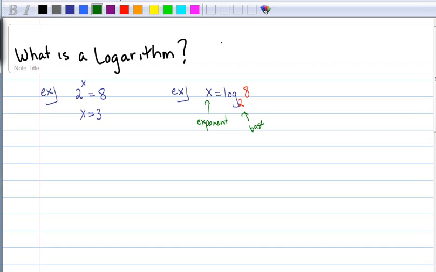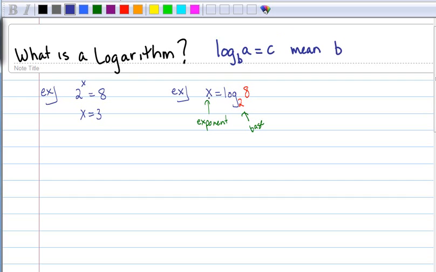So if I had something like log base B of A equals C, just using any letters, this is the formula: B is the base. If you remember, that was the base, so I'll write the base.